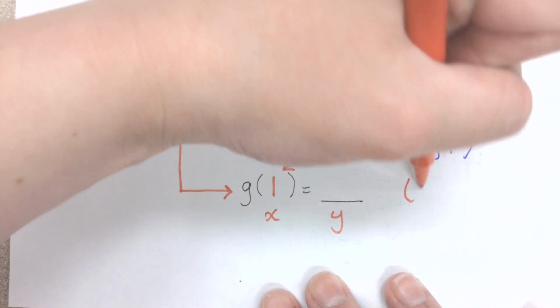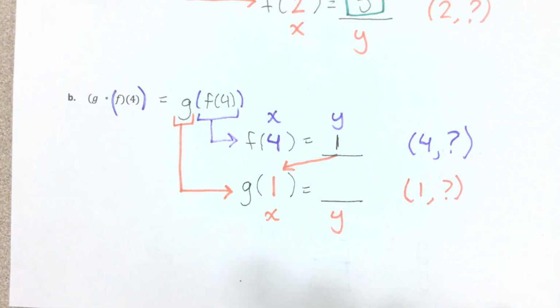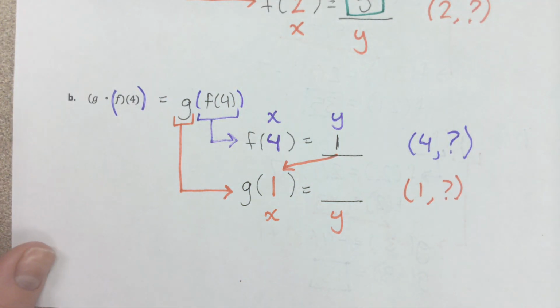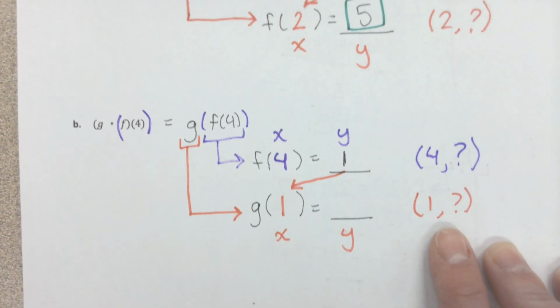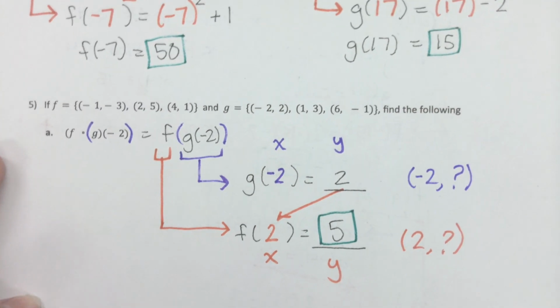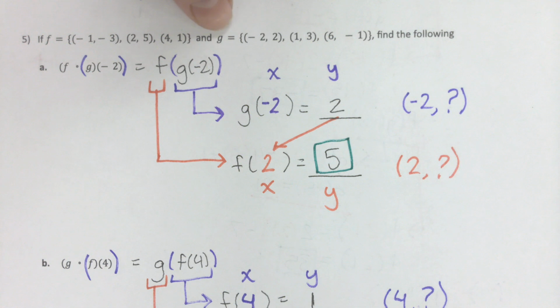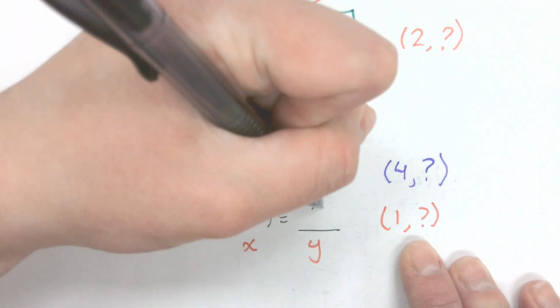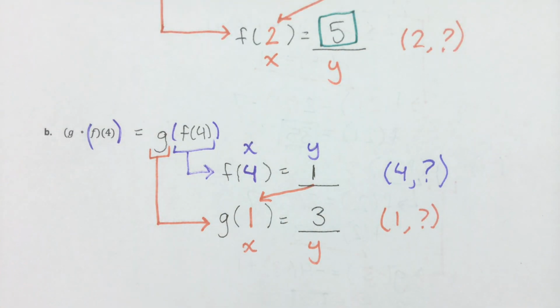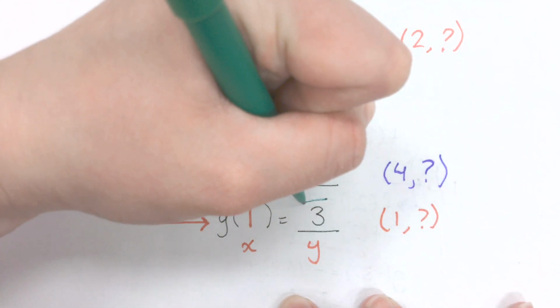The question we're answering is 1 what? So I'm going to go back up to the g function, and I'm going to find this point. So g function, where x is 1, so this point here, y is 3. 3 is the answer. Since that was the outside function, that is my final answer.